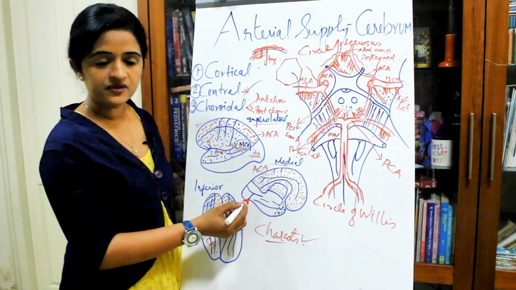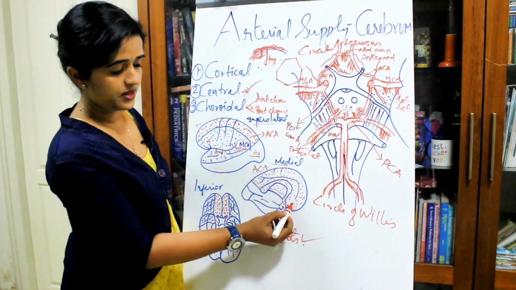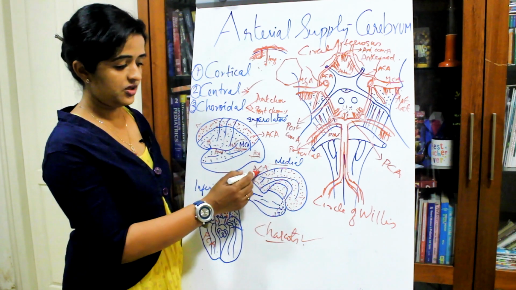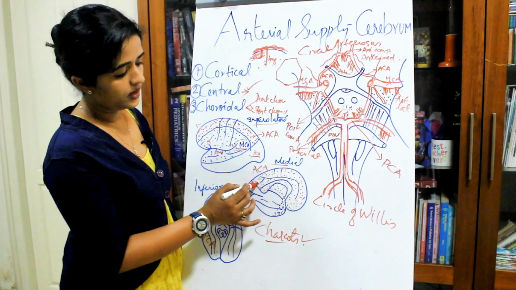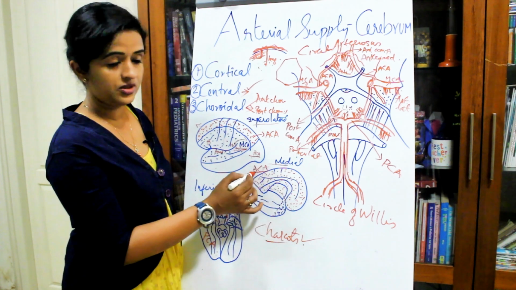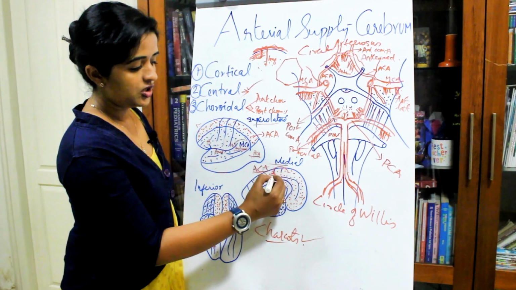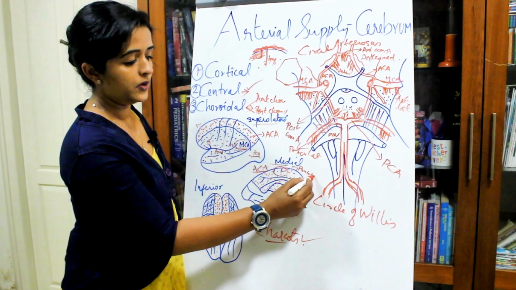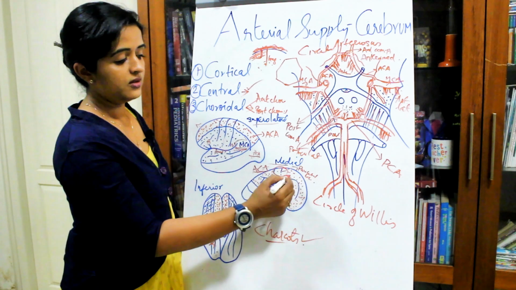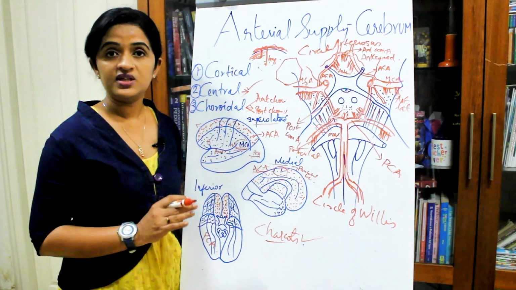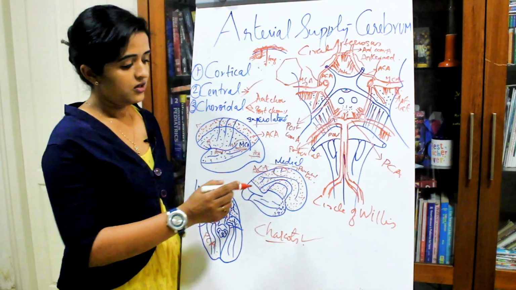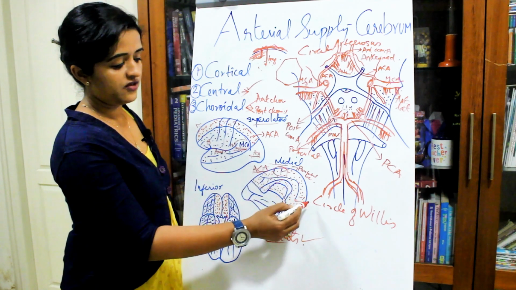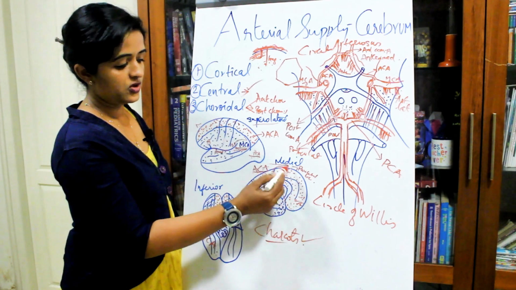What about the medial surface? On the medial surface, 2/3 is supplied by the anterior cerebral artery. Let's look at the major area supplied by the anterior cerebral artery here. This region over the medial surface is known as the paracentral lobule. That area is concerned with the defecation and micturition reflex. That area and some of the frontal lobe are supplied by the anterior cerebral artery.